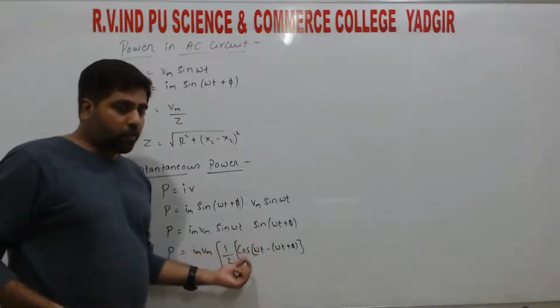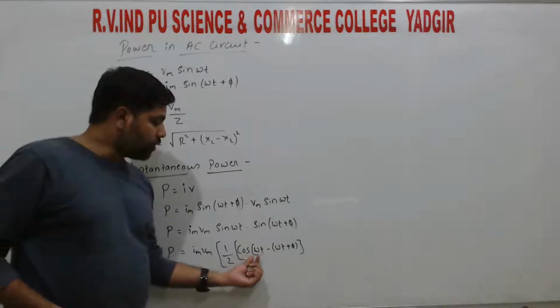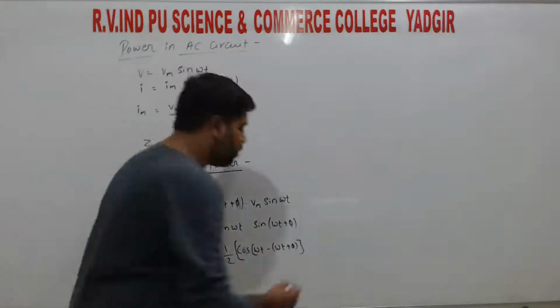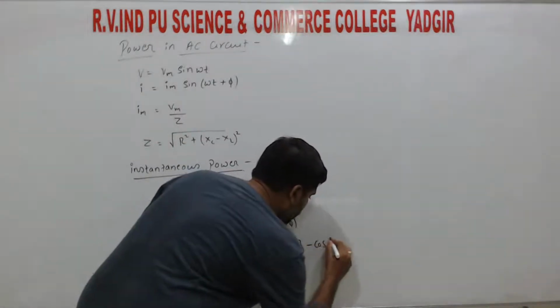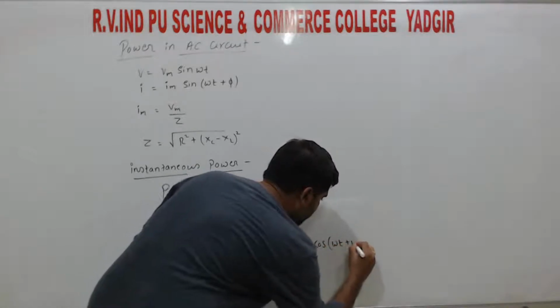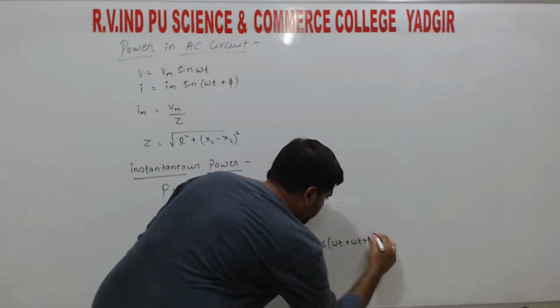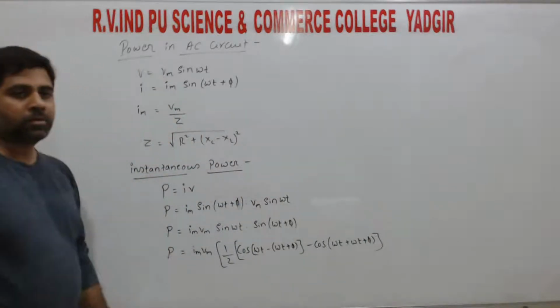The sin A sin B formula is half cos of A minus B minus cos of A plus B, that is omega t plus omega t plus phi, right?